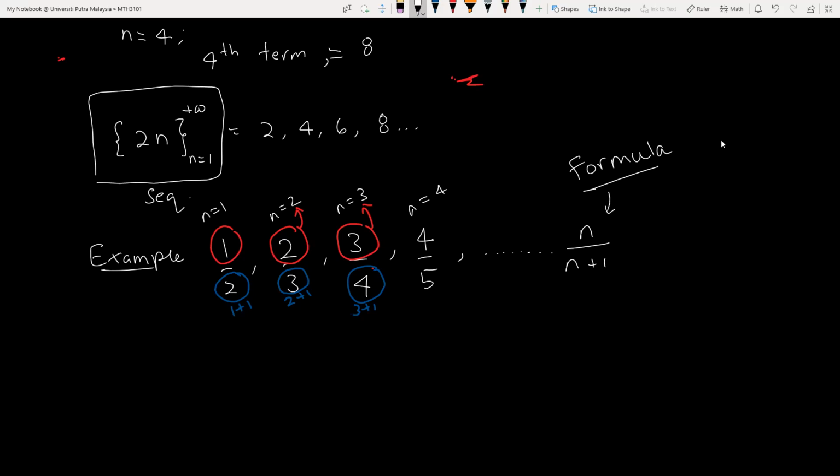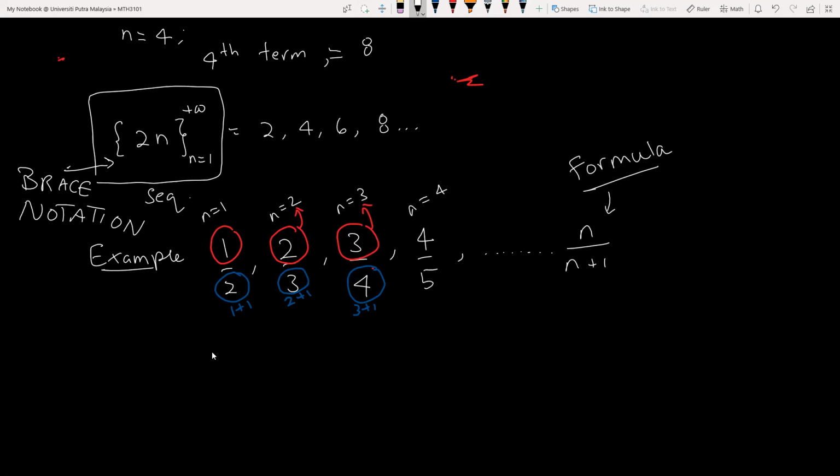If you want to write this in brace notation, this is called brace notation.